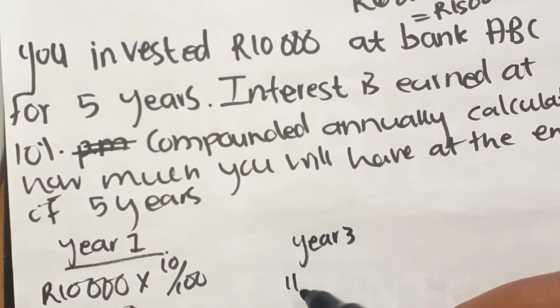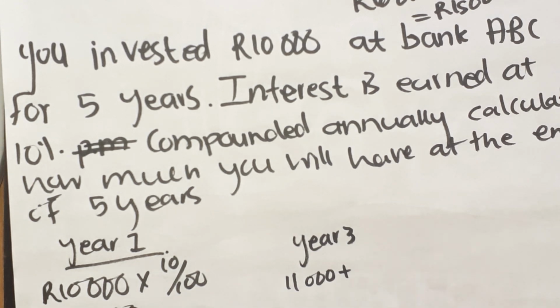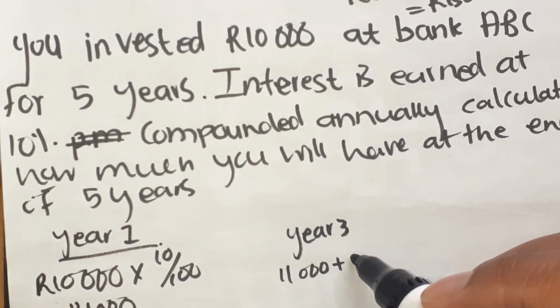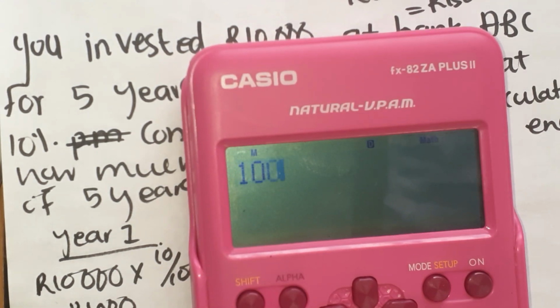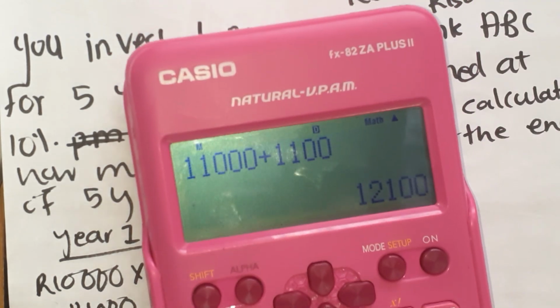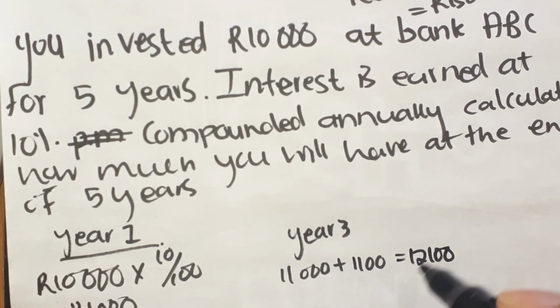And then we go to year 3. We had 11,000 rand at the beginning of year 2. Now at the beginning of year 3, we have 11,000 rand plus the interest we earned, which is 1,100. So 11,000 plus 1,100 will give us 12,100 rand.